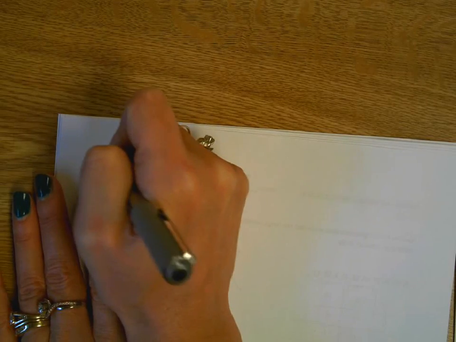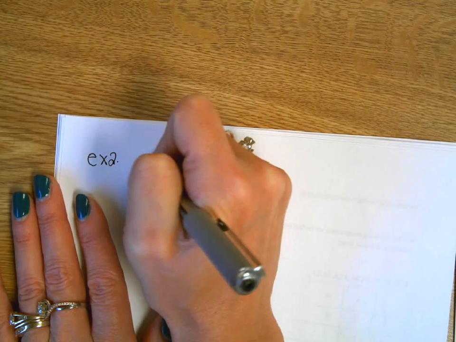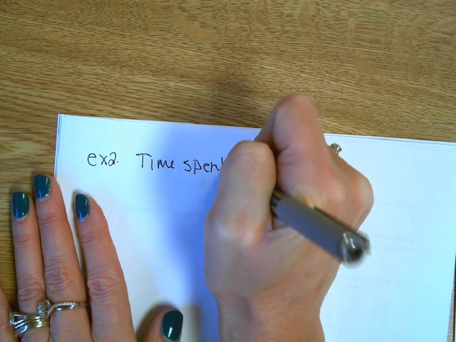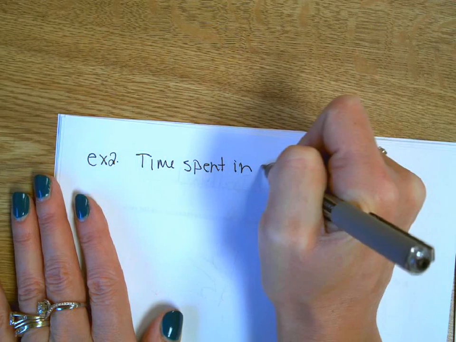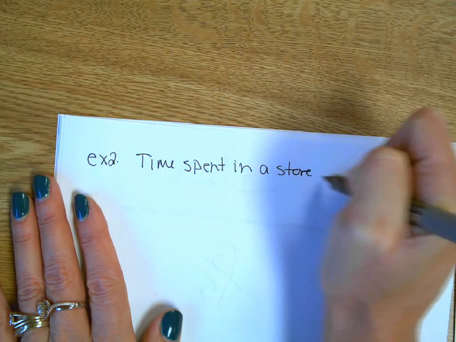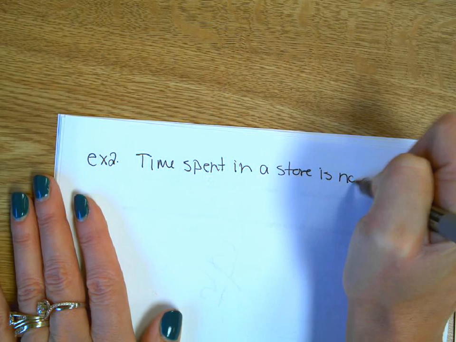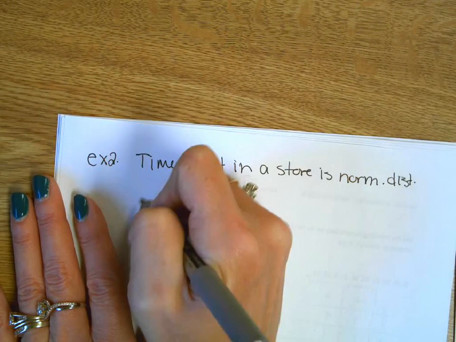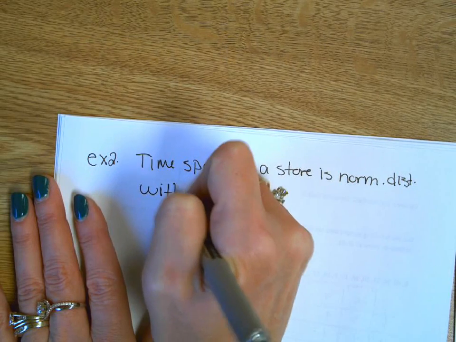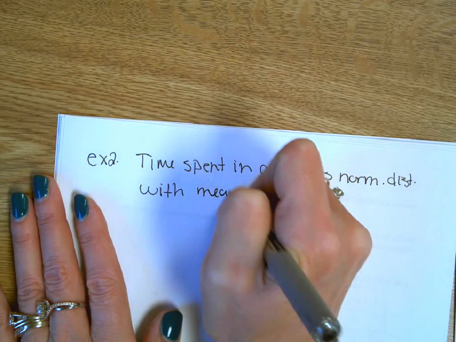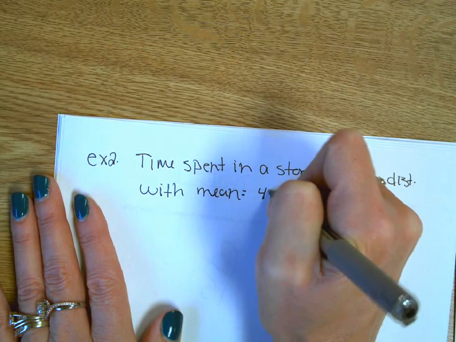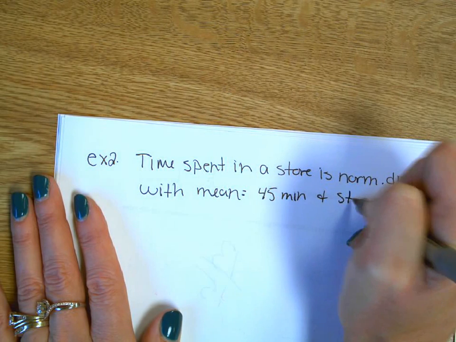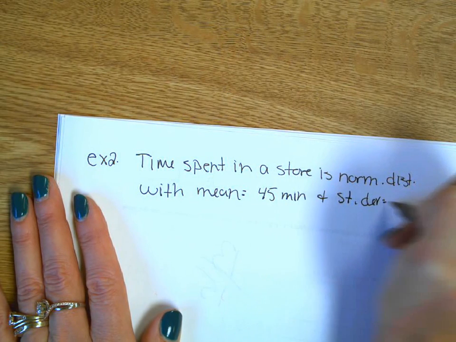Number 2. Time spent in a store is normally distributed with a mean of 45 minutes and standard deviation 12 minutes.